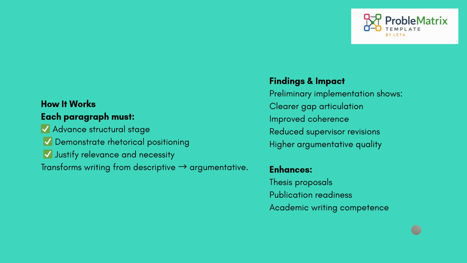And importantly, students showed greater confidence when defending their research proposals. The checklist component also made feedback more objective. Instead of saying "this is weak," supervisors could say "you are missing justification in stage 3." That clarity improved the supervision process.